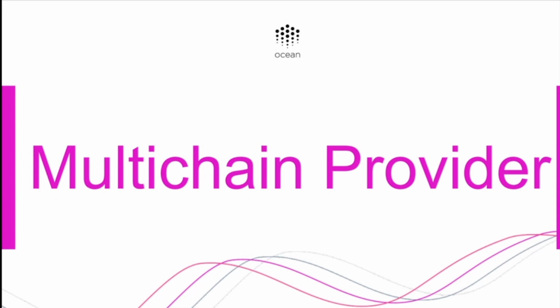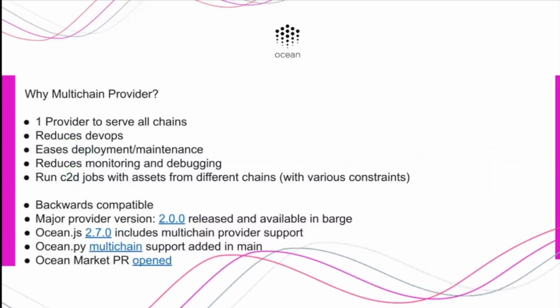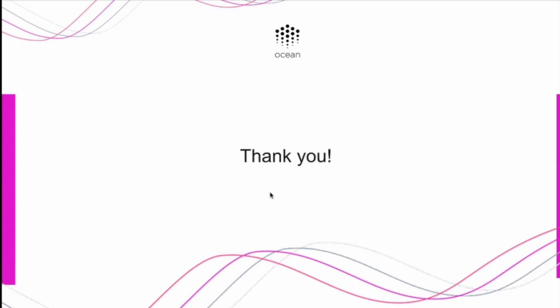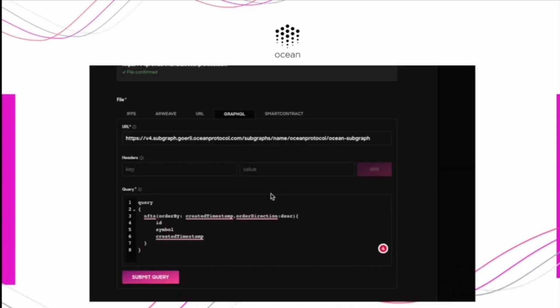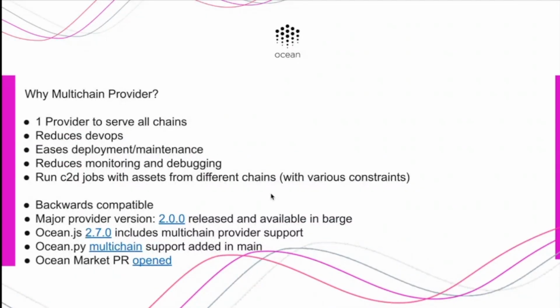So we thought about how we can improve this, and we decided to make the provider multi-chain. What this means is that we're going to have one provider to serve all chains. We're not going to have a provider for Polygon, a provider for Goerli, a provider for other chains, but rather a provider that serves all the chains. Why is this?